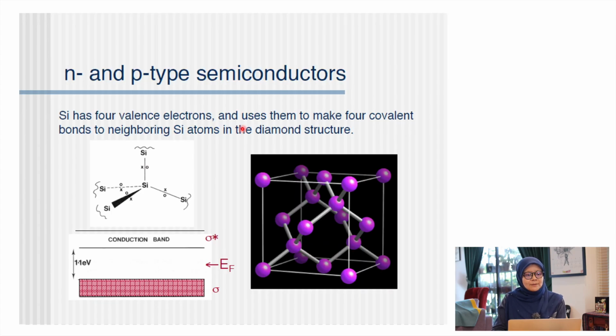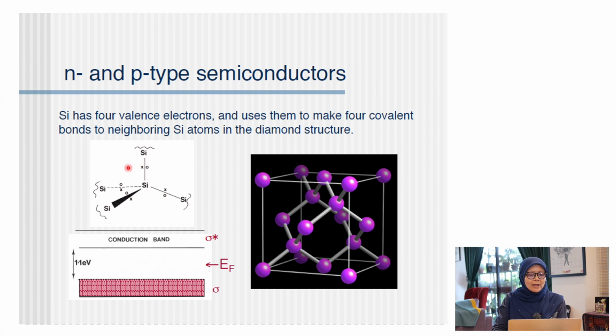Usually the base element that we use in semiconductors is silicon, because silicon has 4 valence electrons, and we use them to make 4 covalent bonds to neighboring silicon atoms in the diamond structure.